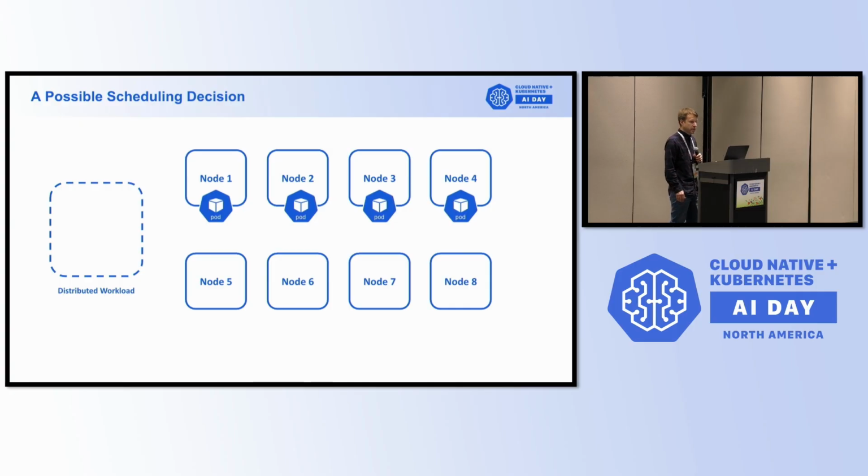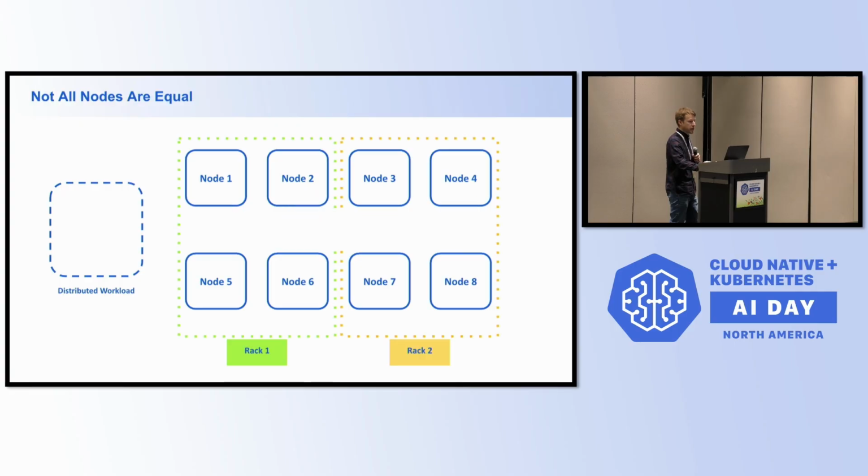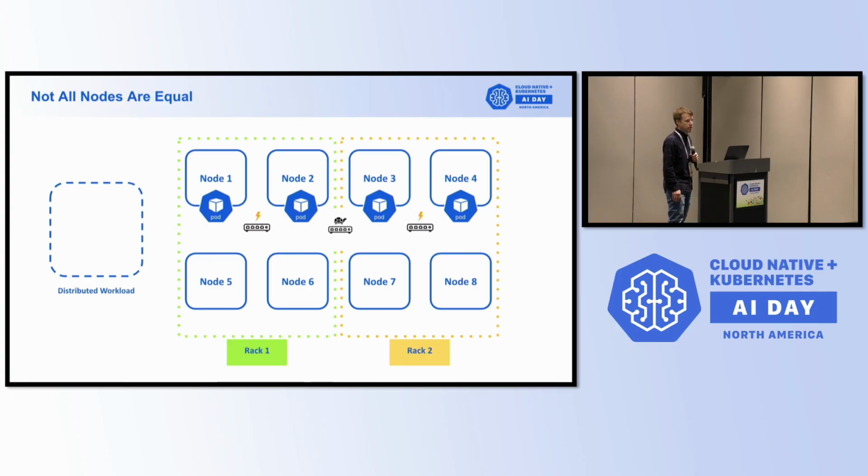And resource-wise, it seems like a good decision. However, these nodes may not reside within the same rack, featuring high-speed interconnects like NVL72, or within the same block, or the same availability zone, resulting in different network bandwidth between different parts of the cluster.